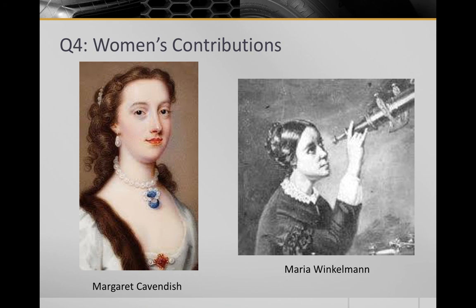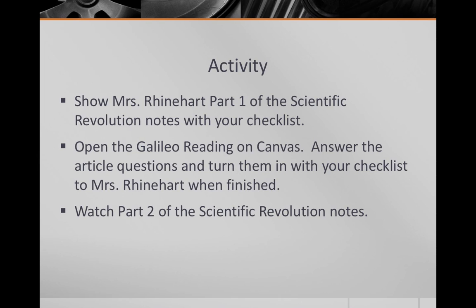All right, so now we are going to do a little activity looking more at the topic we're going to be investigating in EQ5. So what you're going to need to do is take your notes that you've taken this far and take your packet and your checklist up, and you want to show them to me so I can sign off on your completion of part 1.